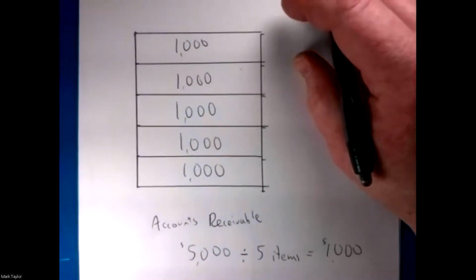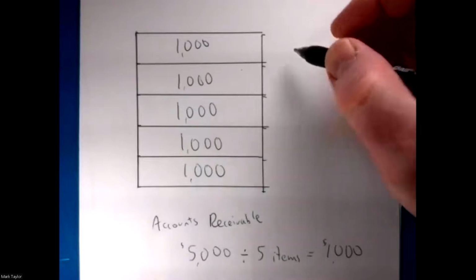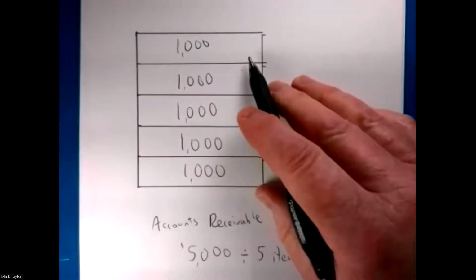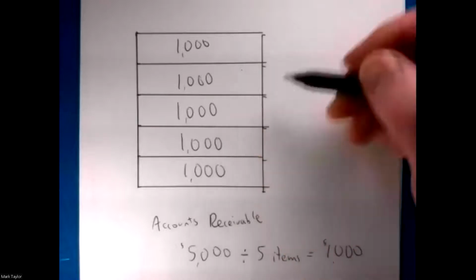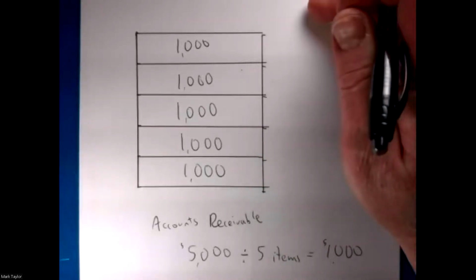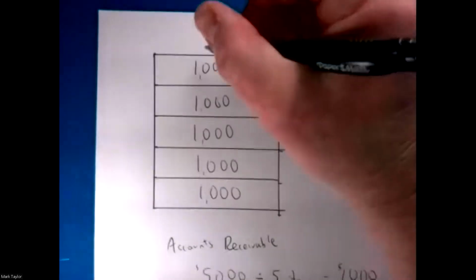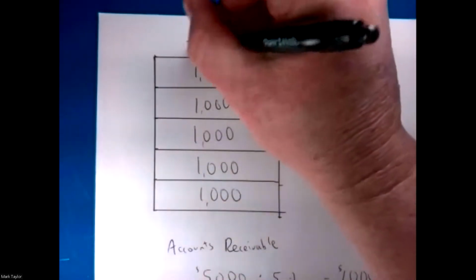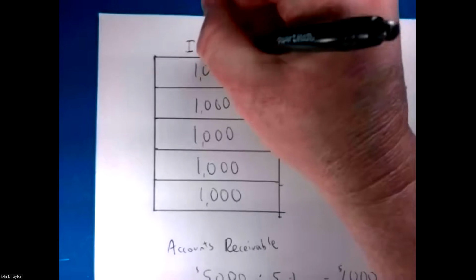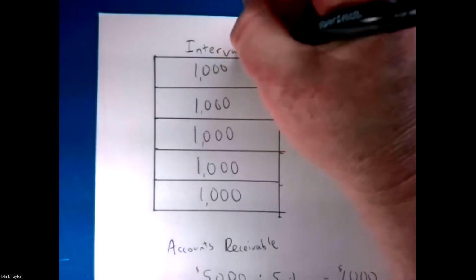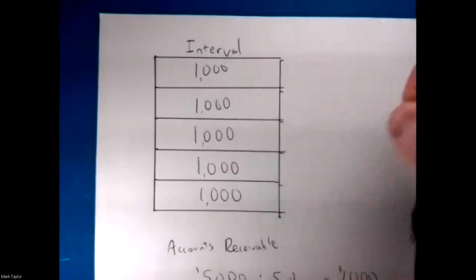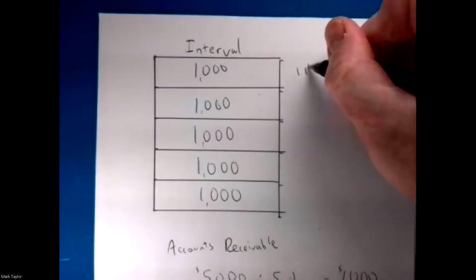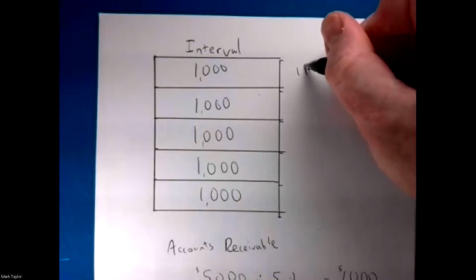And we're going to take one item, and that one item is going to represent that entire $1,000 chunk. These are called intervals. I'm calling them chunks. So we're going to take one item from this one.